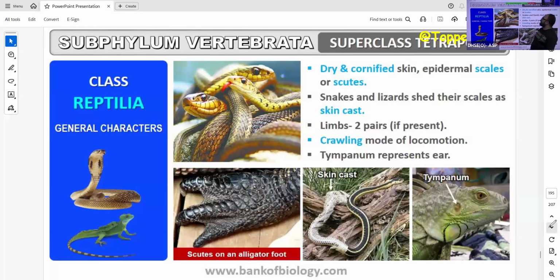Now, the next class in the superclass Tetrapoda is Reptilia.